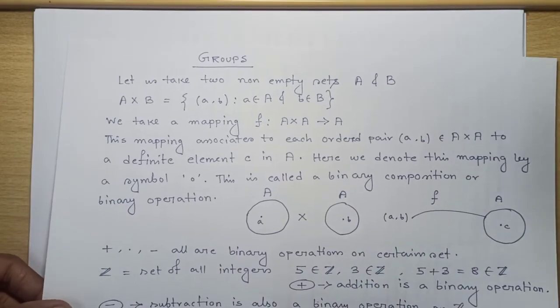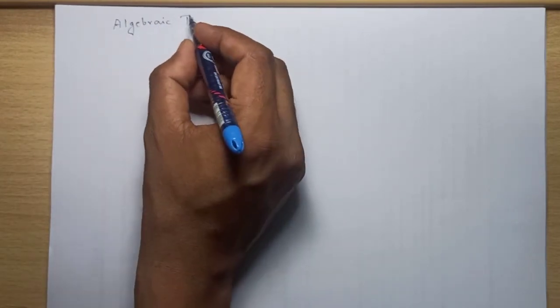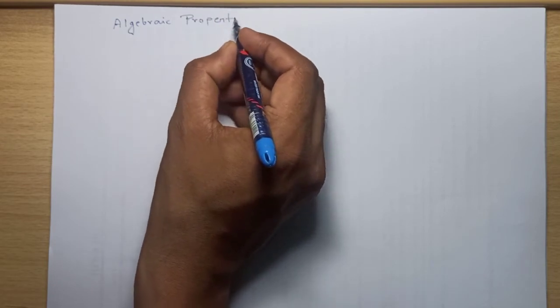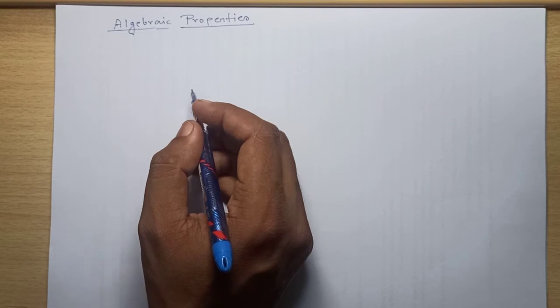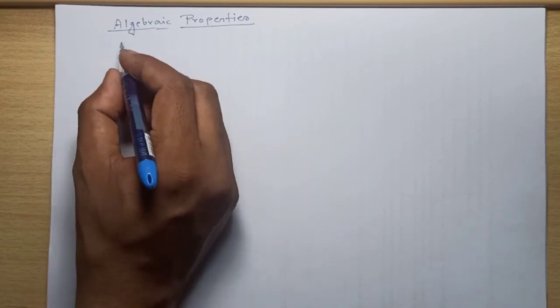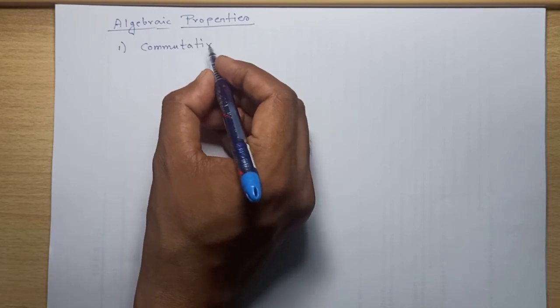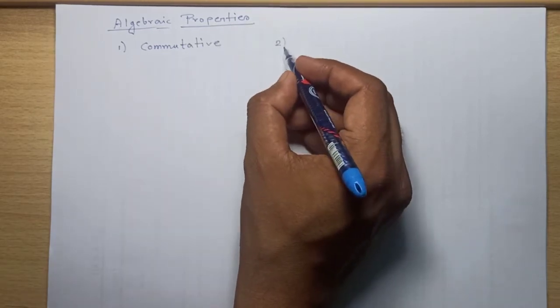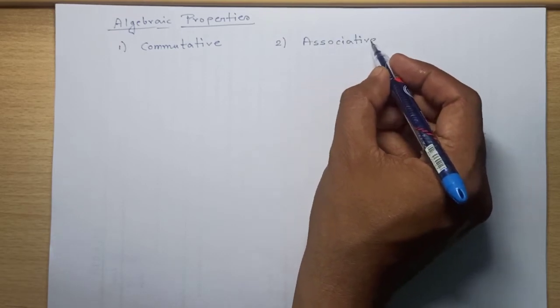After that we are introducing some algebraic properties which will be applied with these binary operations. Number one is the commutative property. Number two is the associative property.